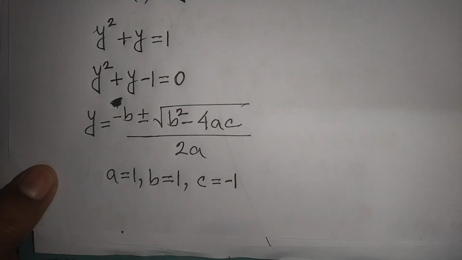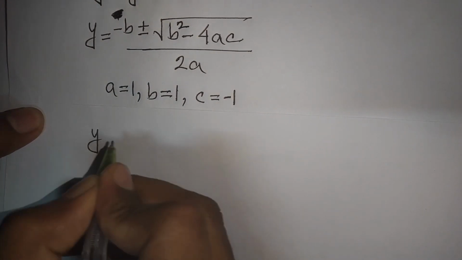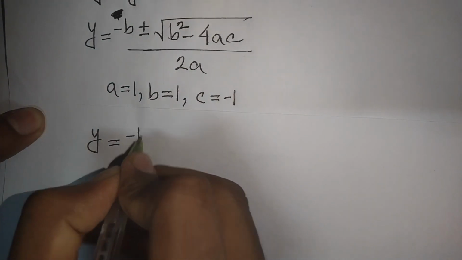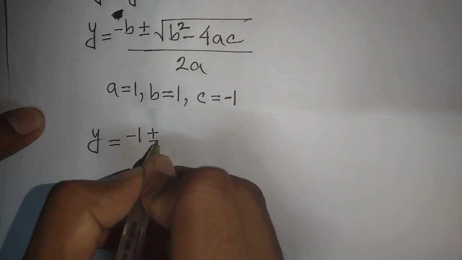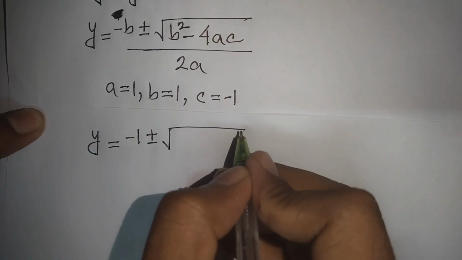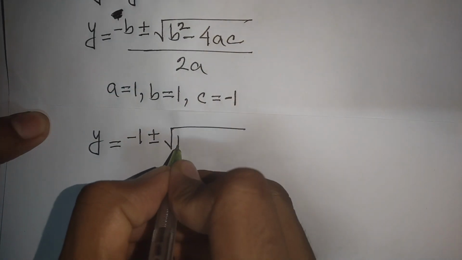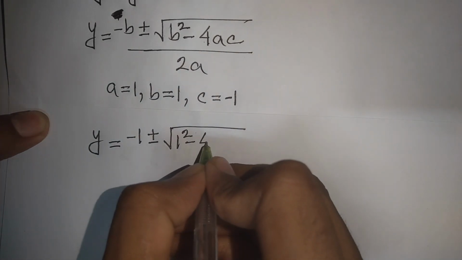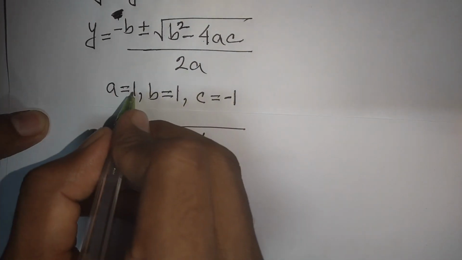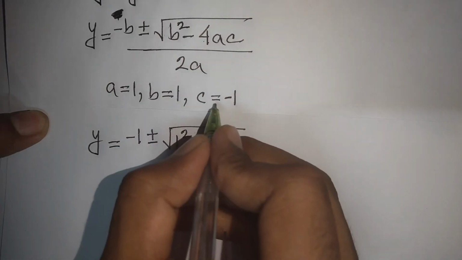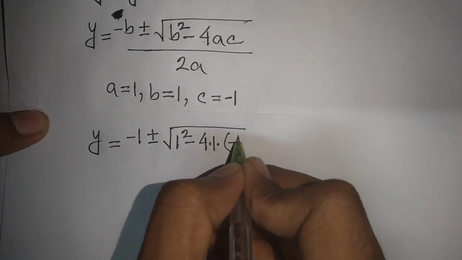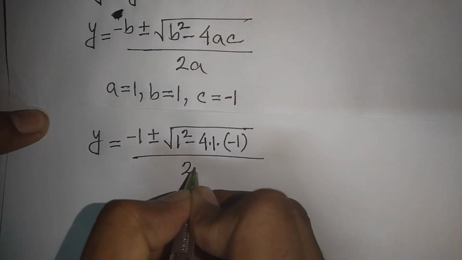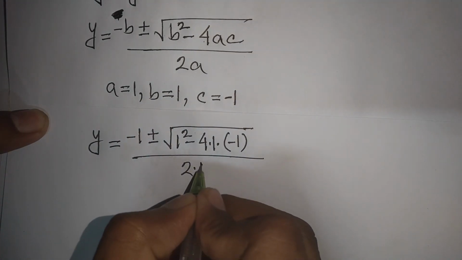Now y will be equal to minus b, that means 1, then plus or minus a square root of b square, that means 1 square, minus 4 times a, that means 1, times c, that means negative 1, divided by 2 times a, that means 1.